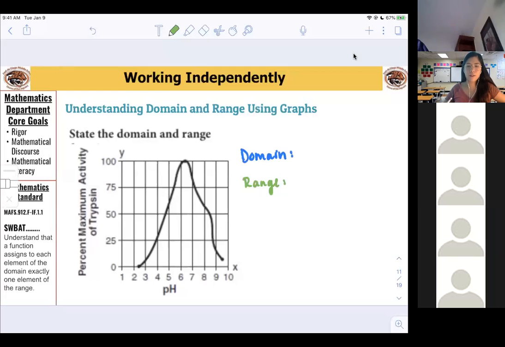So the domain is all the possible x values, and the range is all the possible y values.